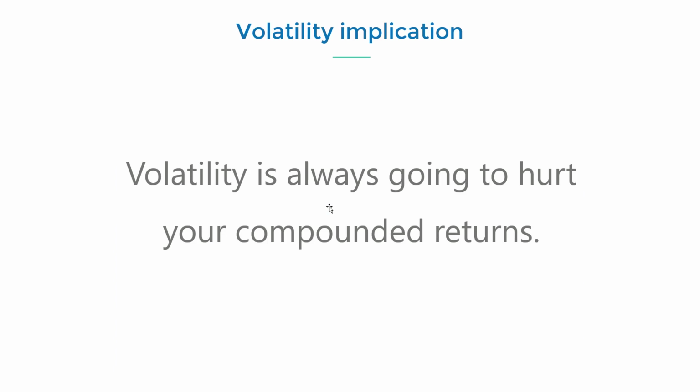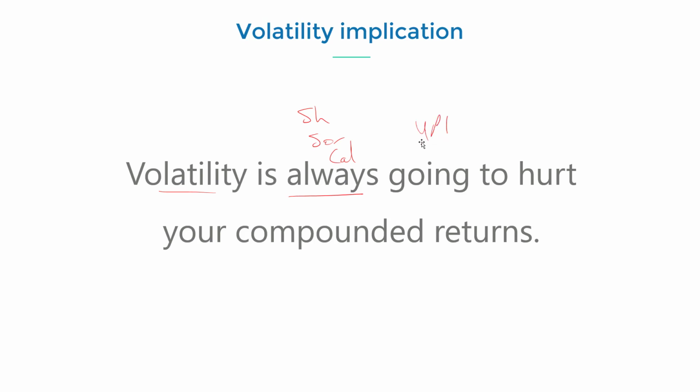Right? And the reason for that is because volatility is always going to hurt your compounded returns, no matter what. So if you're looking at a portfolio, this is why a lot of people keep a very, very close eye on the standard deviation, which is essentially the volatility of that portfolio. This is the reason why a lot of people look at risk-adjusted returns, things like Sharpe ratios and Sortinos, Calmars, UPIs.